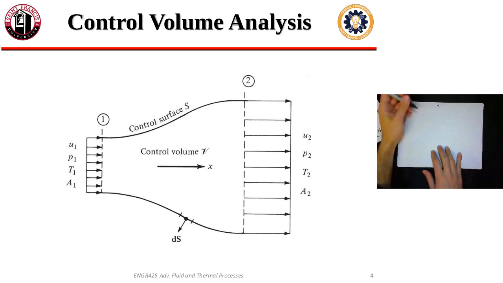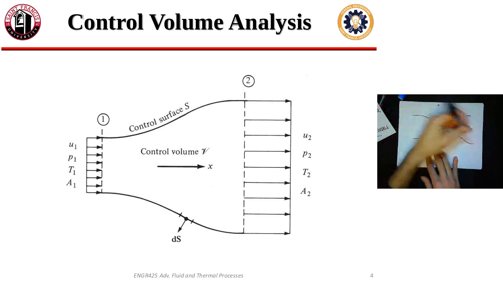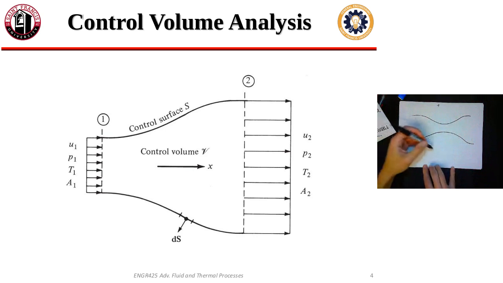when you look at rocket nozzles or jet engines, they usually take the form of a converging-diverging nozzle. So this is your converging end, which is usually subsonic.